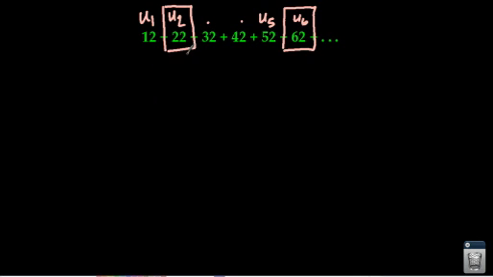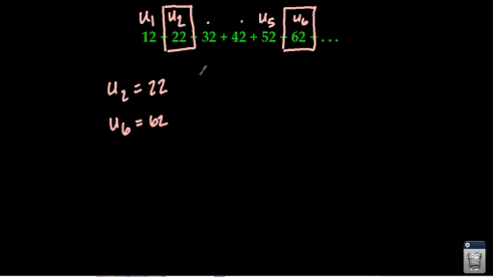So I'm going to pick u sub 2 and u sub 6, our two non-consecutive terms. u sub 2 has a value of 22, and u sub 6 has a value of 62. What relationship do these values and term numbers play when finding the common difference?